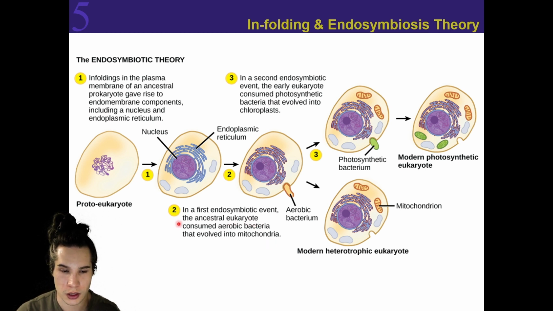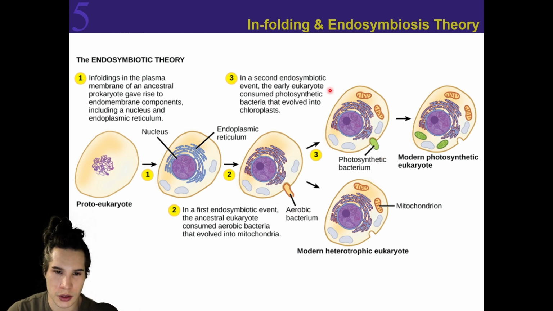In the first endosymbiotic event, the ancestral eukaryote, that larger cell, consumed a type of aerobic bacteria that eventually evolved into mitochondria. Those early mitochondria, like I mentioned earlier, were smaller prokaryotes capable of producing ATP using some kind of substrate and maybe the use of oxygen, aerobic implying the use of oxygen.